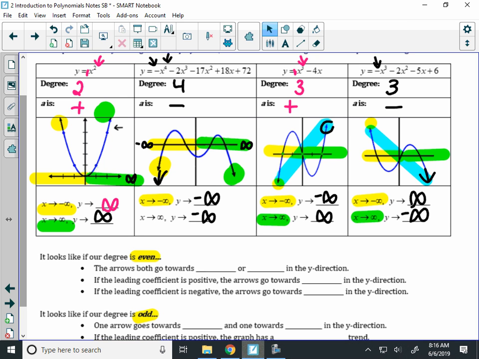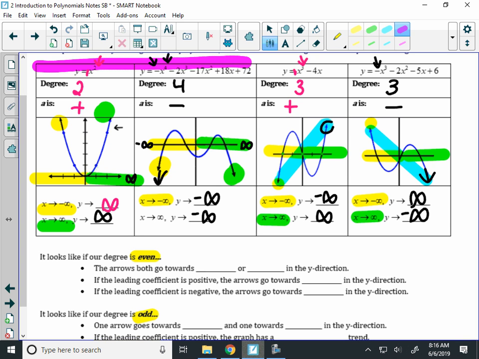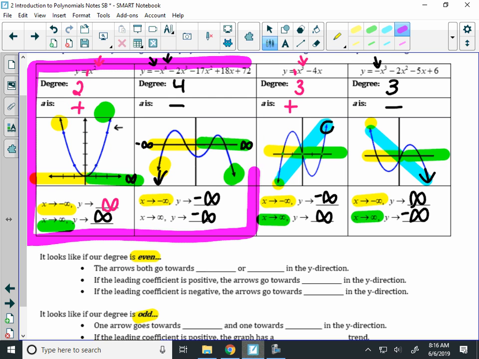If our degree is even, so even ones are going to be these two graphs right here. If the degree is even, 2 or 4, the arrows both go towards infinity or they both go towards negative infinity. That means they both go up or they both go down.